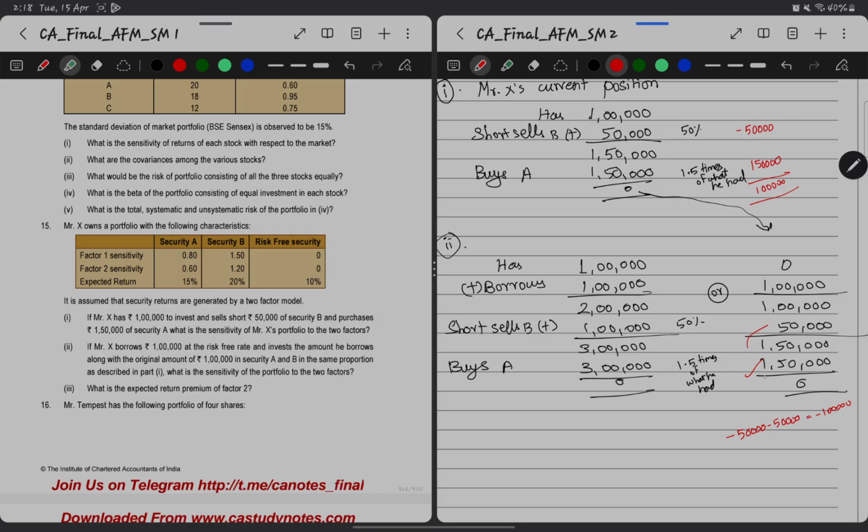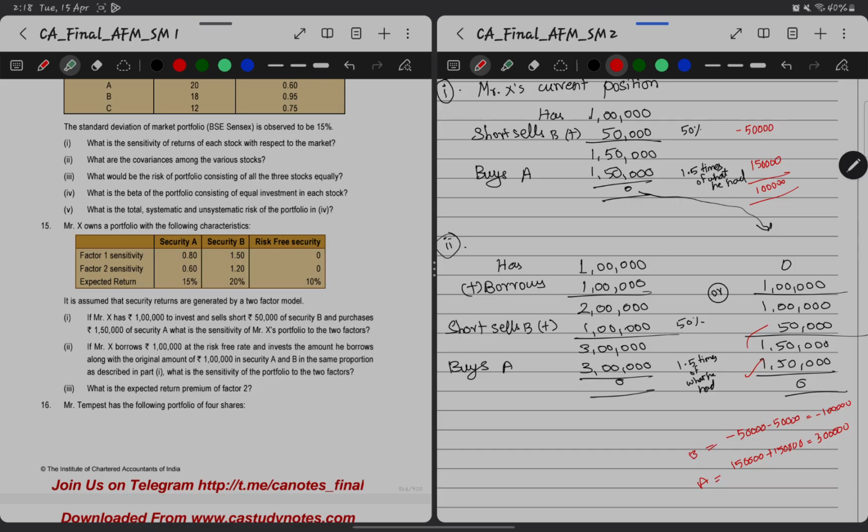And in case of A, previously 1 lakh 50,000, and again now 1 lakh 50,000, so it will be 3 lakh. This is for A and this is for B.